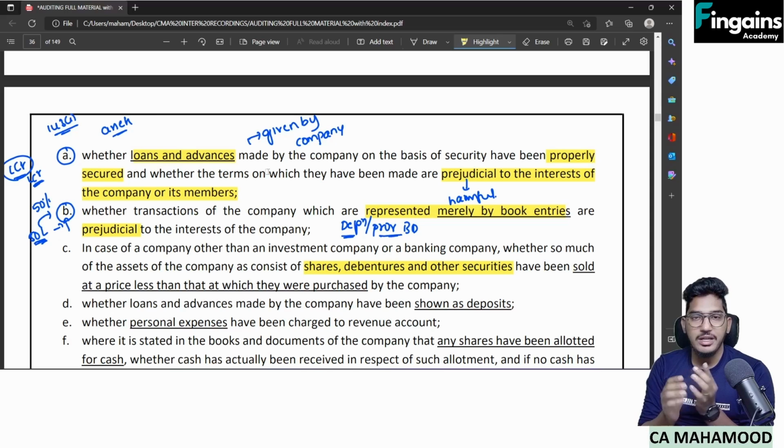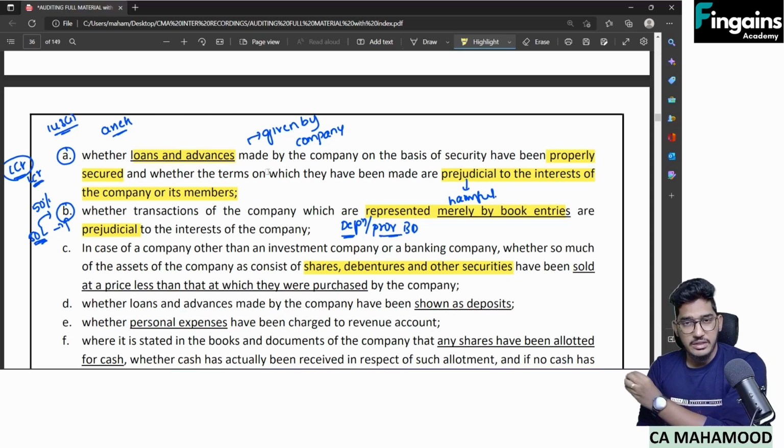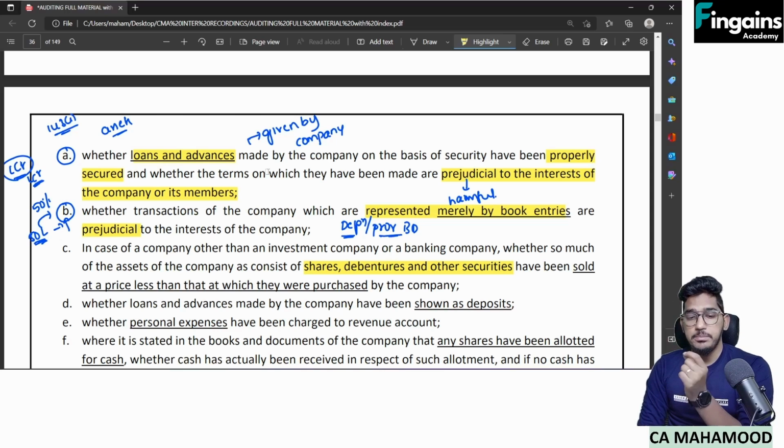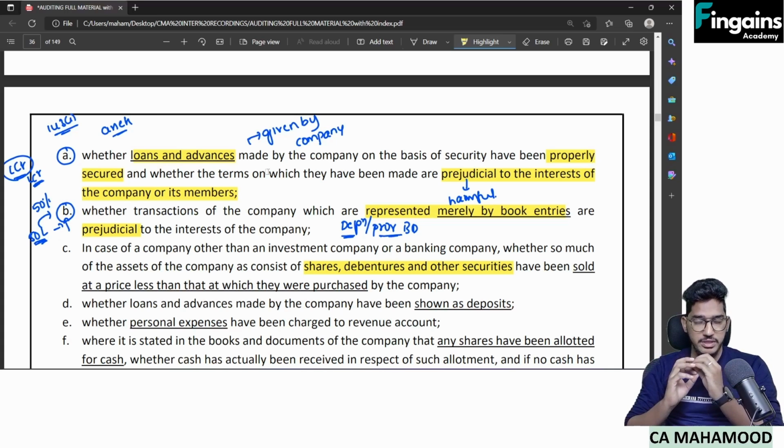In case your client has assets in the form of shares, debentures, and other securities, nothing but financial instruments, stock market instruments, like shares in a company, debentures in a company, then as an auditor, you need to verify whether your client has sold any of the shares, debentures, and other financial instruments at a price less than the purchase price. Very simple point. Don't go by the terminology, try to understand the underlying concept here.